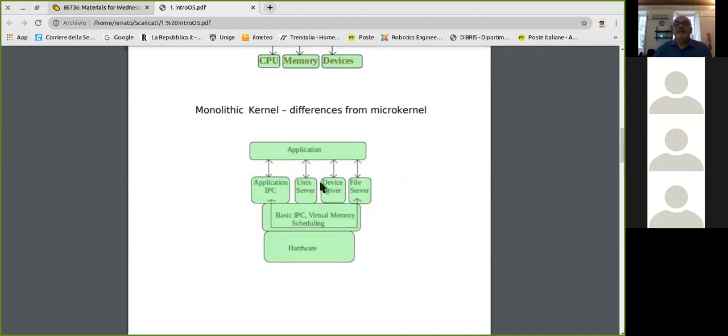It's called monolithic because all the components of the kernel, what is managing files, device drivers, the Unix server, which is a particular case of a server that runs the Unix system calls, the ones that we will describe in this course. Everything.